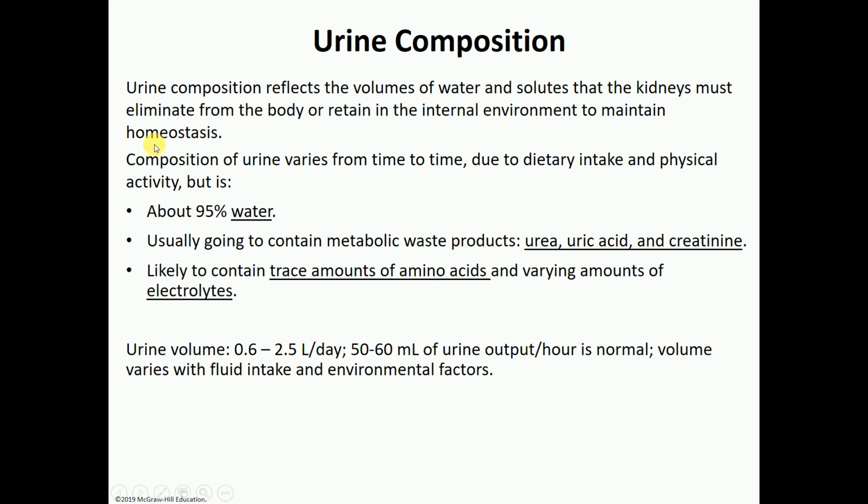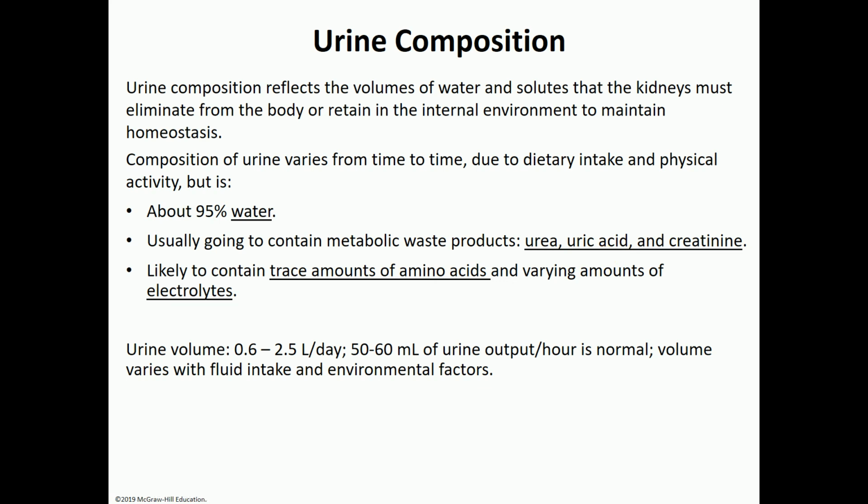Obviously, the amount of these products, especially water and salt, really depends on the needs of the body. It depends on the amount of water intake throughout the day, even the kinds of food that we're eating throughout the day. So, we see how urea, for example, was the byproduct of protein catabolism, while uric acid was a byproduct of nucleic acid metabolism.